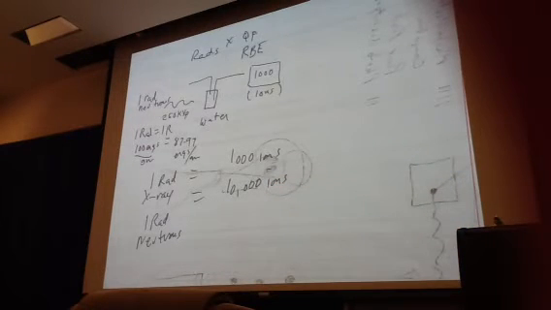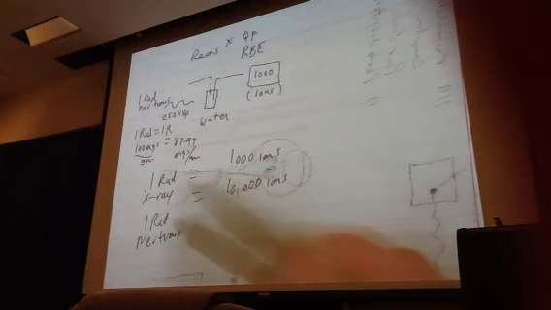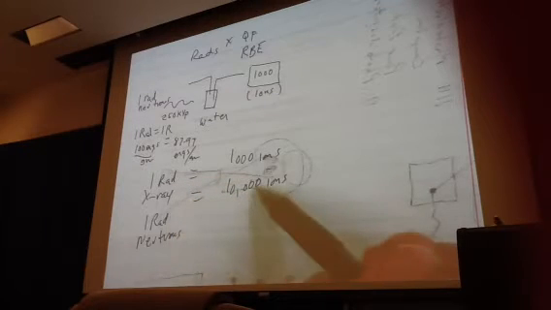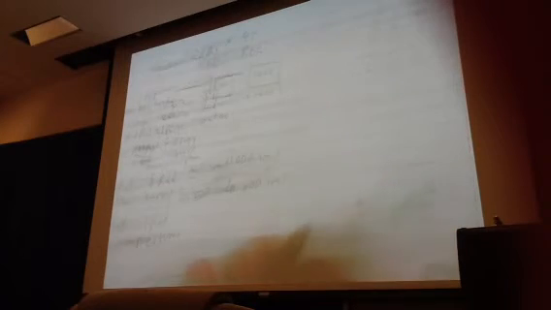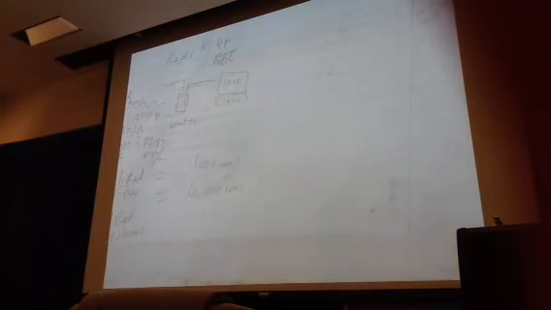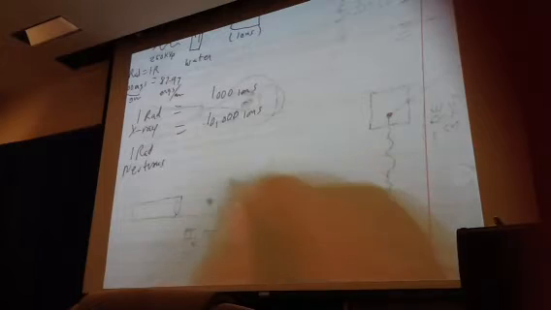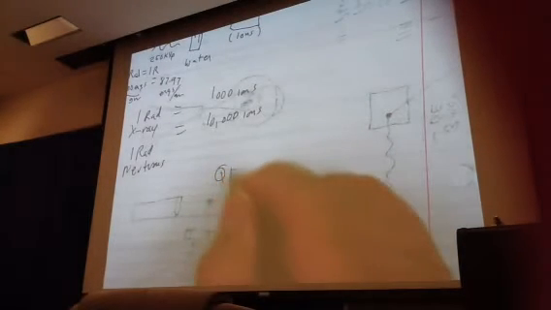What that's telling us is that for the same amount of absorbed dose, I'm producing 10 times more ions. So therefore the quality factor is going to be 10.